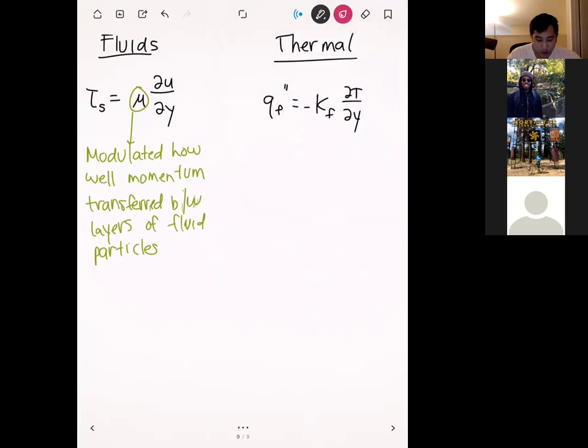Whereas on the thermal side, instead of viscosity, we have the thermal conductivity, and this modulates how well heat transfers between successive layers of fluid particles.